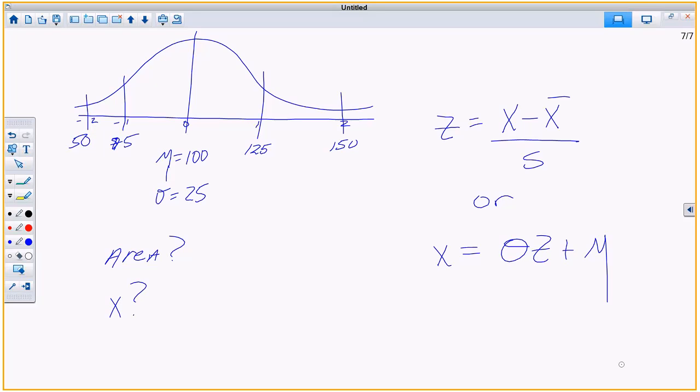Anyway, let's say that you want to find the test score. Here's the first type problem. You want the test score at 0.3500. Well, what did I just give you? Did I give you a z-score, or did I give you an area? So you draw a picture. 0.35.